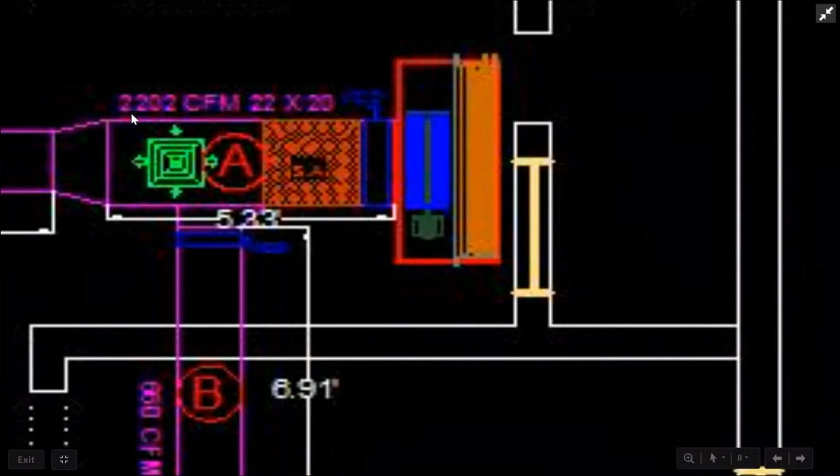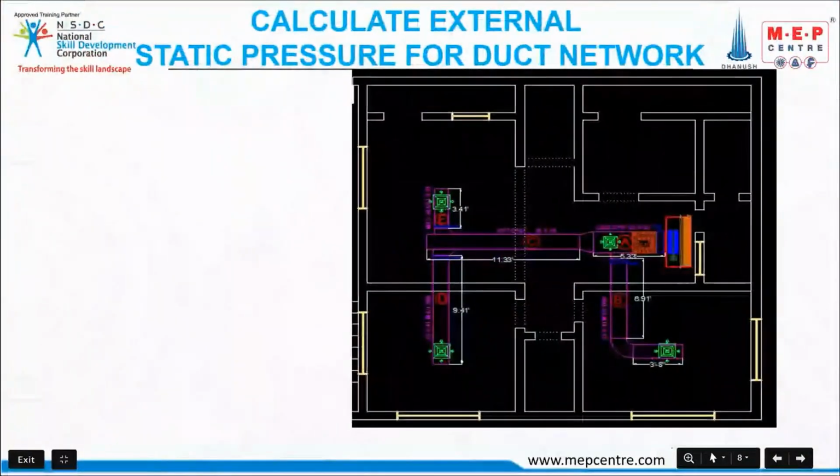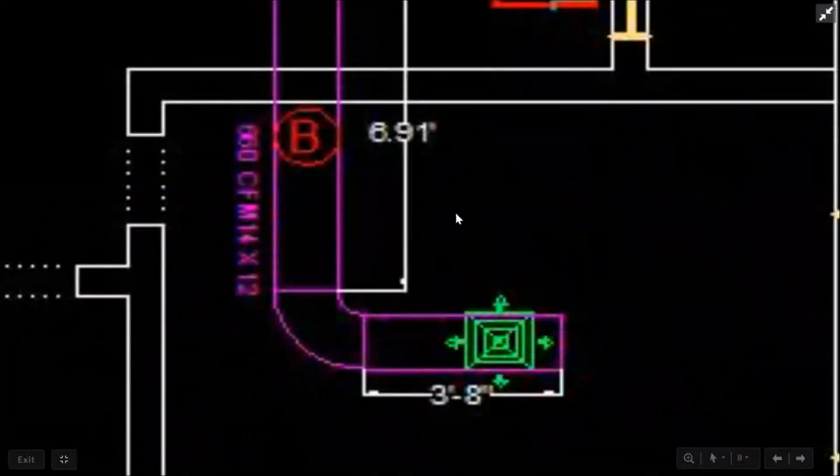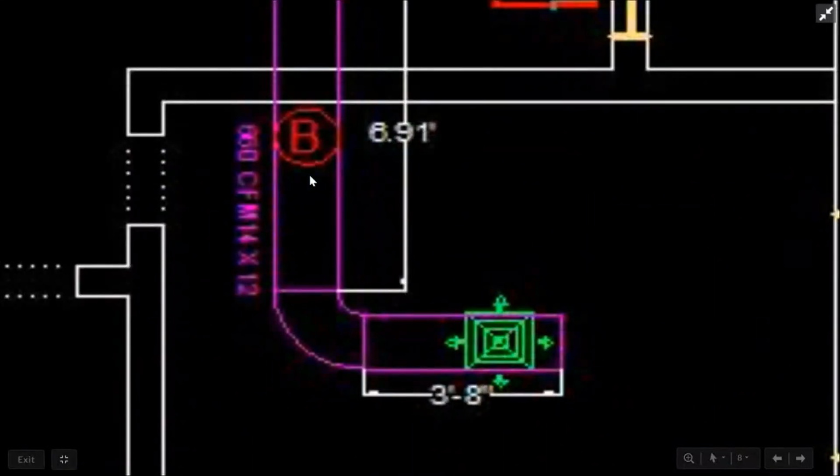Section A, we have a diffuser, 2202 CFM, 22 by 20 is the size, and we have a VCD here. Section B, we have 660 CFM, which is 14 by 12, and 6.91 feet is the length of the duct, and this is 3 feet 8 inch.